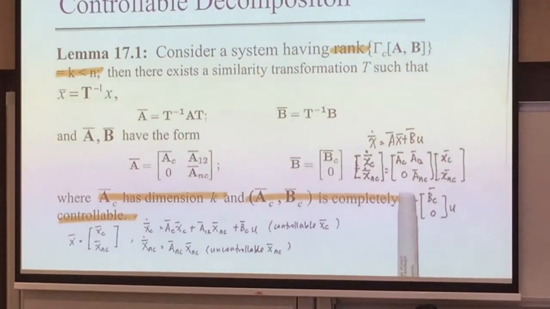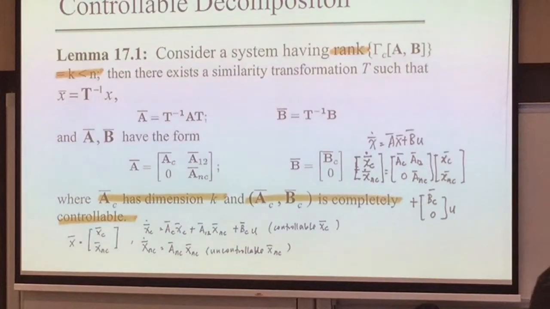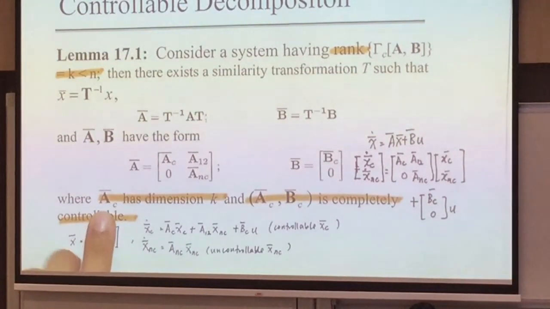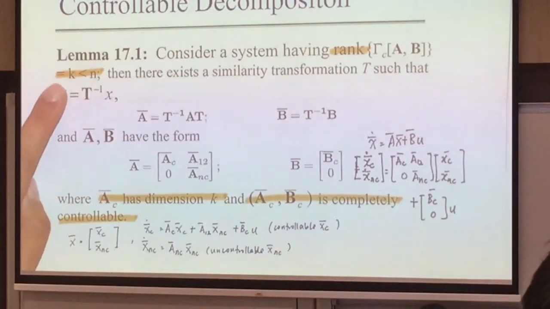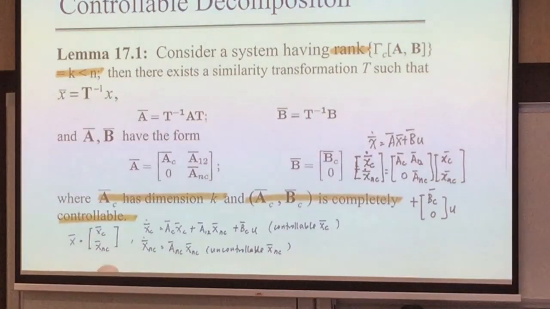This equals your A bar, which is AC bar, A1,2 bar, 0, and ANC bar, where the controllable portion has dimension K, which is the rank of the controllability matrix, and AC bar, BC bar is completely controllable. So you can break it down into a completely controllable portion and an uncontrollable portion.